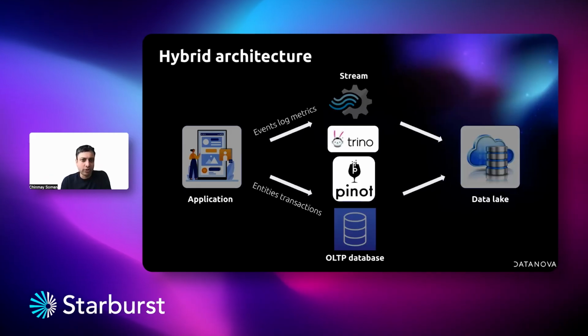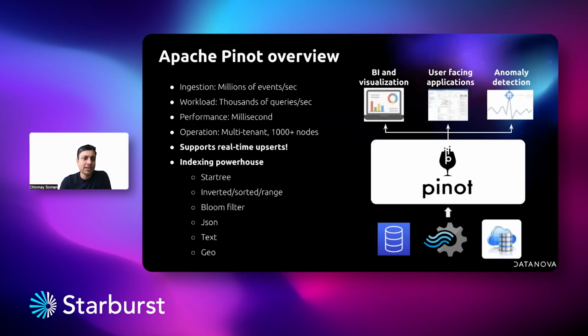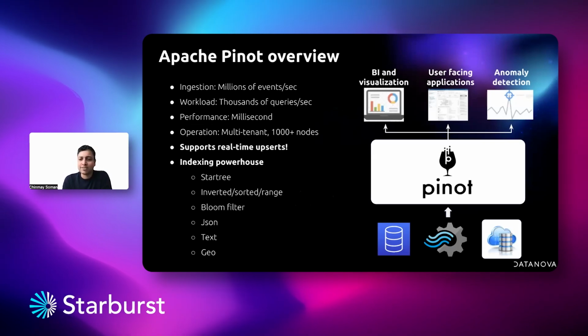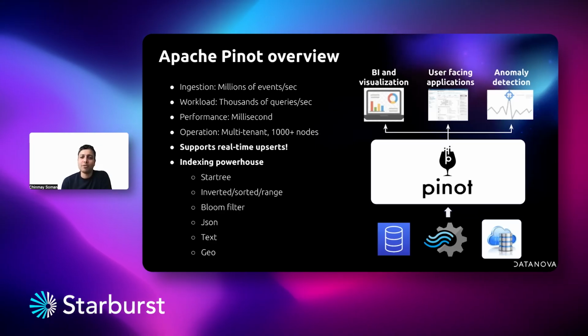So before I go into the Trino Pinot connector, let me give a quick overview of these individual systems. Beginning with Apache Pinot. For those who haven't heard yet, Apache Pinot is an open source distributed columnar database that's purpose-built to ingest data from all kinds of different data sources, for example, your OLTP or stream or batch, and make it available for querying in real time.